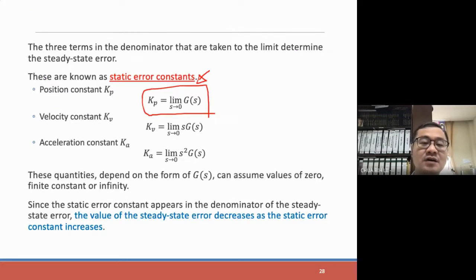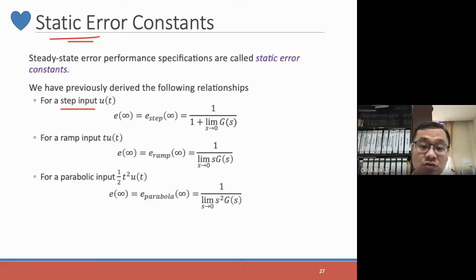So it is more convenient for most control engineers to communicate in a form like a static error constant. So we will have Kp, Kv, and Ka, which are the limit of G, limit of sG, and limit of s squared G, which correspond to this.